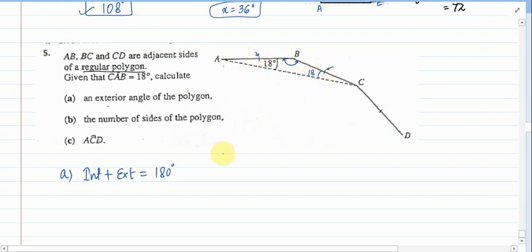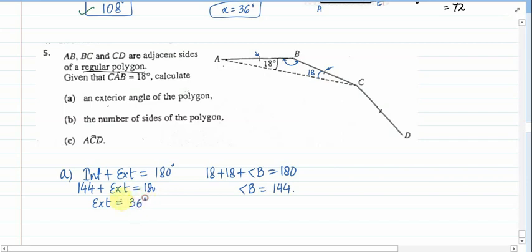So for angle B, I can use the equation that 18 plus 18 plus angle B is equal to 180, since it is a triangle. So 180 minus 36, it's 144. So angle B is equal to 144, and that is the interior angle. You can find the exterior from the interior, so exterior is equal to 180 minus 144, and that is equal to 36. So the exterior angle is equal to 36 degrees, and that is your first part answer.